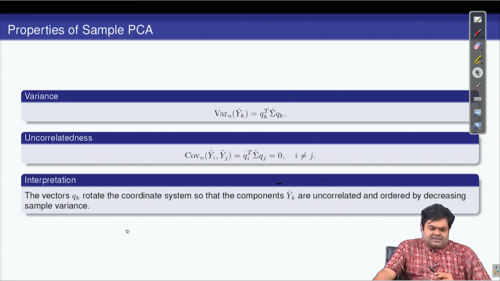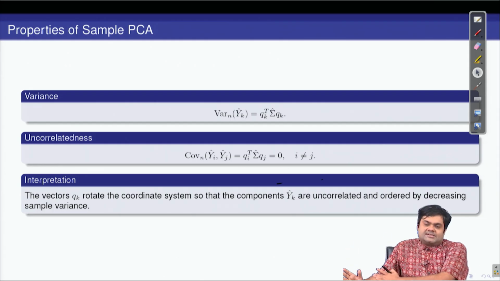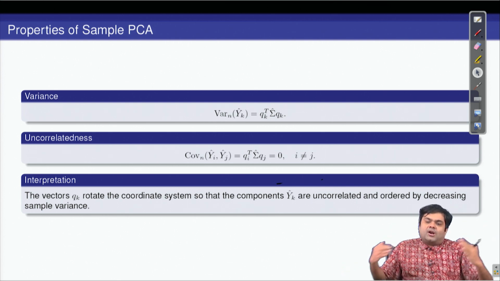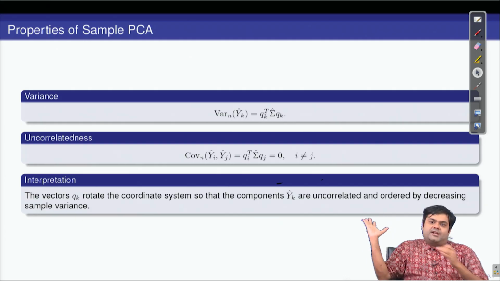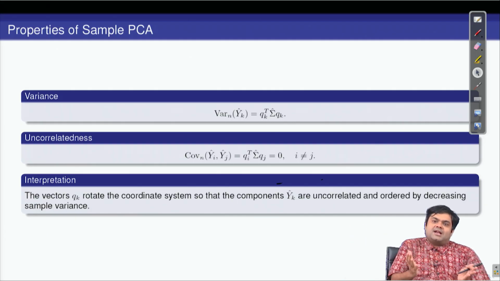This is basically the same interpretation as there. These new vectors essentially rotate our coordinate system to a new orthogonal coordinate system, such that there is a natural ordering. The first direction is the direction of the highest variance present in the sample, the second direction is the second highest, and so on.